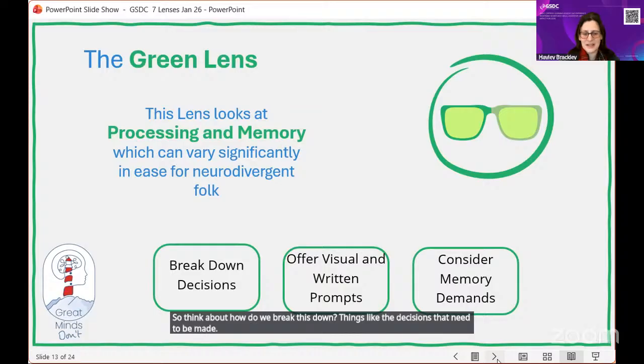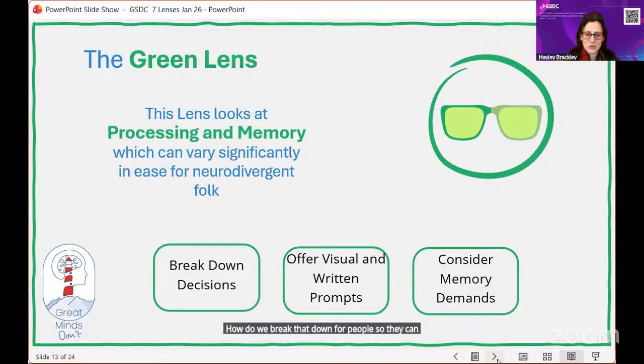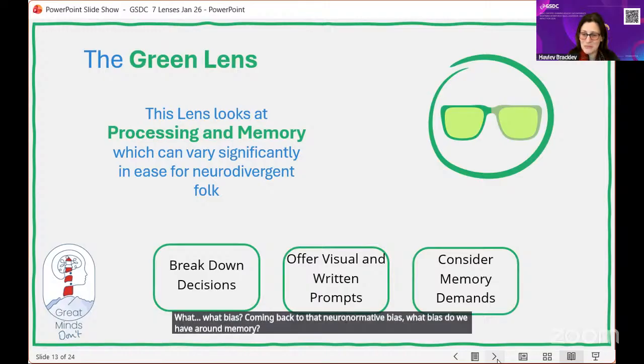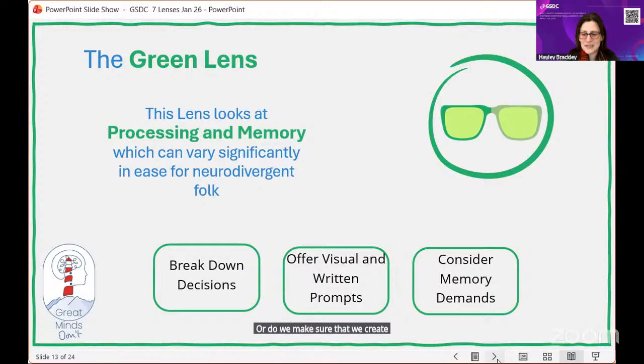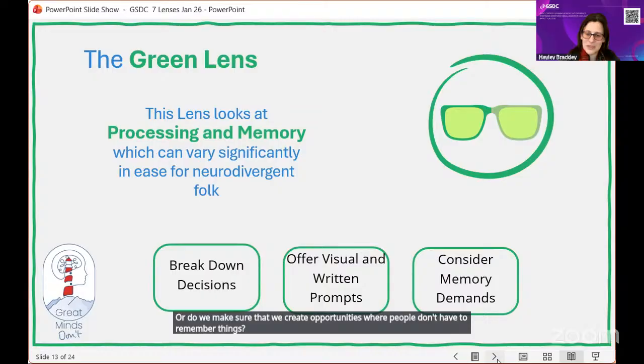How do we break that down for people so they can see the order? How are we giving people visual and written prompts so that they can follow what they need to do? And what bias, coming back to that neuronormative bias, what bias do we have around memory? Do we assume people are going to be able to remember things? Or do we make sure that we create opportunities where people don't have to remember things, where we give them reminders?